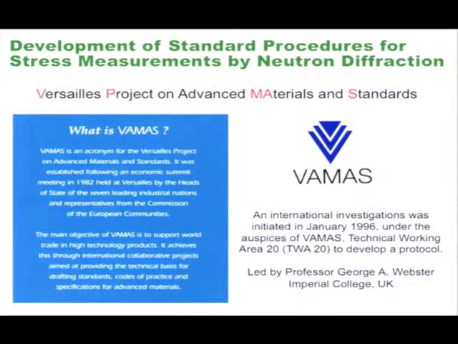At the time he was at Imperial College, he was able to organize everybody around the world to do a round-robin study, and from it to develop a measurement protocol. This work was actually done under the auspices of VAMAS, the Versailles Project on Advanced Materials and Standards, technical area 20.